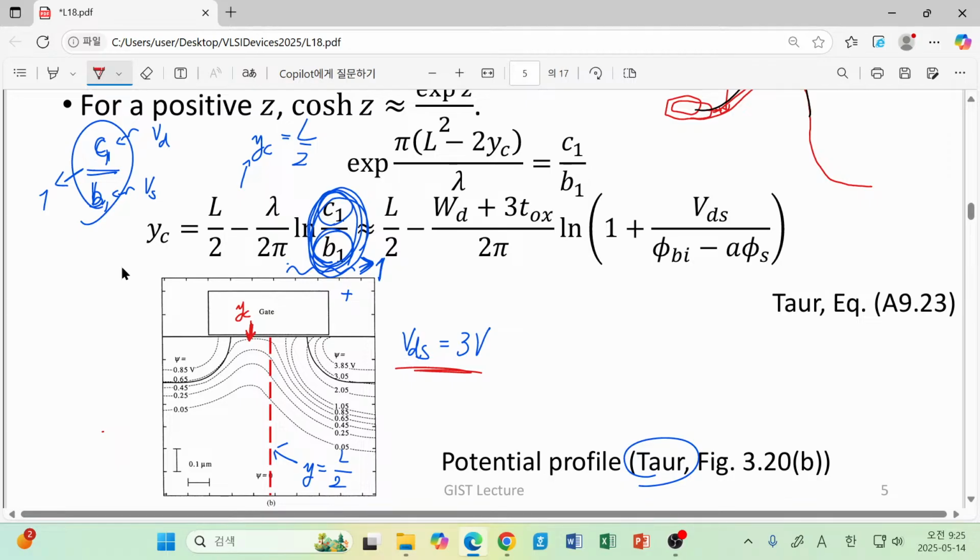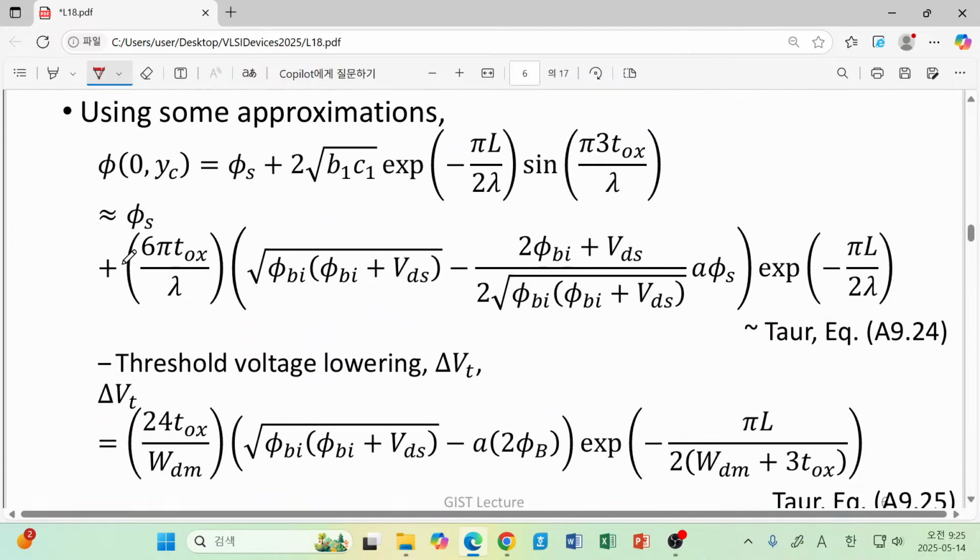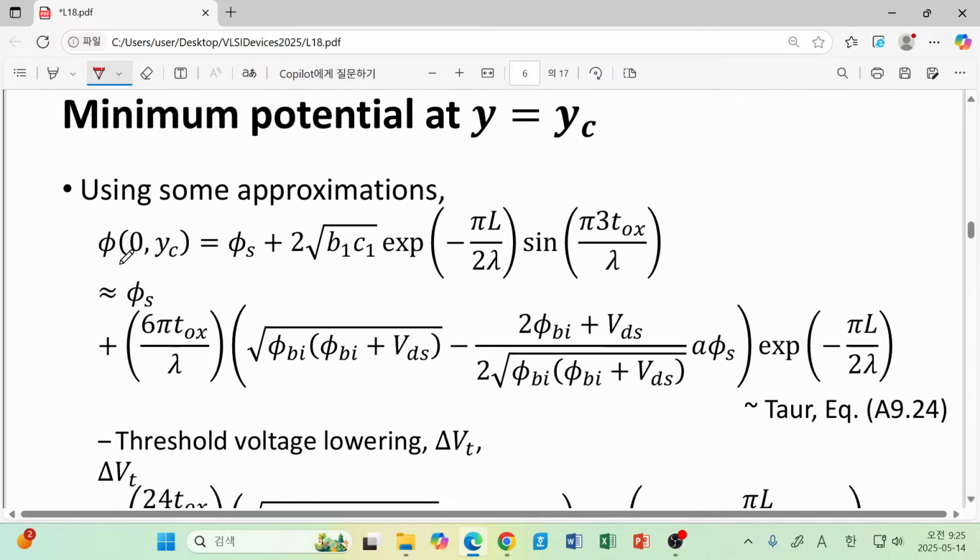And anyway, using this approximate YC value, now we can try to estimate the potential value at YC.